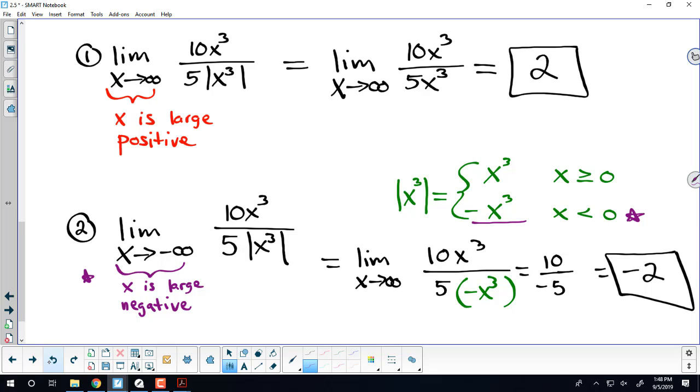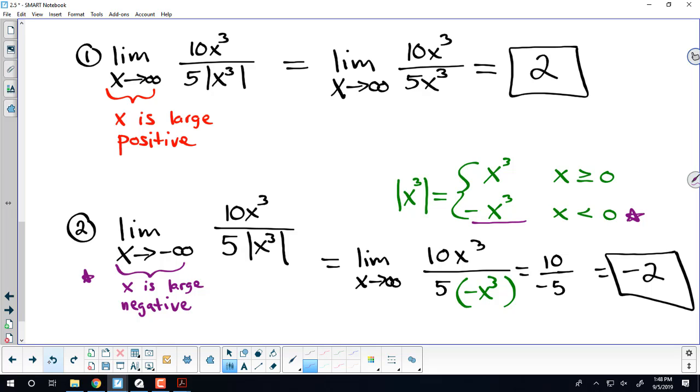I was thinking that with cubes, if you're dealing with negative numbers, they go negative, positive, negative. Yes, because you're multiplying it by itself: negative times negative is positive, and then the negative again. You always have 3 negatives multiplied by each other. I think we're saying the same thing.